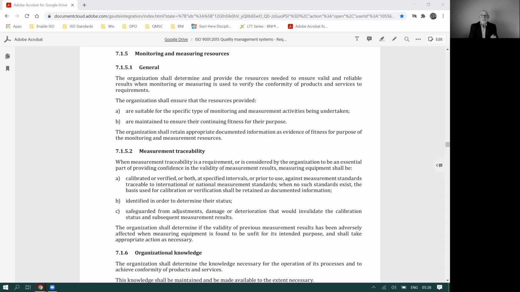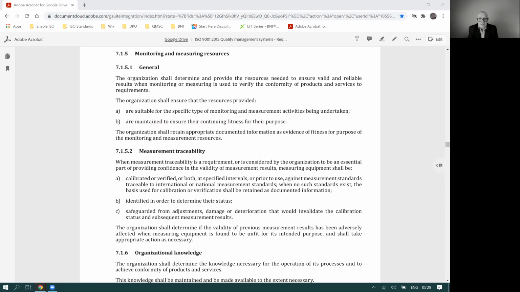Okay. Lastly, in this particular clause, the organisation shall determine if the validity of previous measurement results has been adversely affected when measuring equipment is found to be unfit for its intended purpose, and shall take appropriate action as necessary.